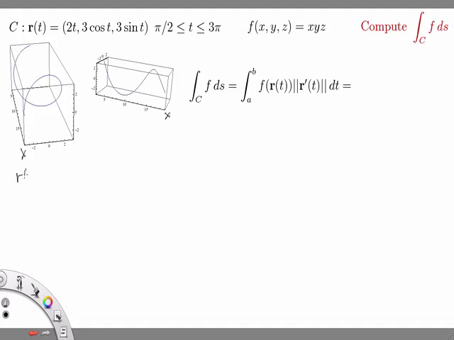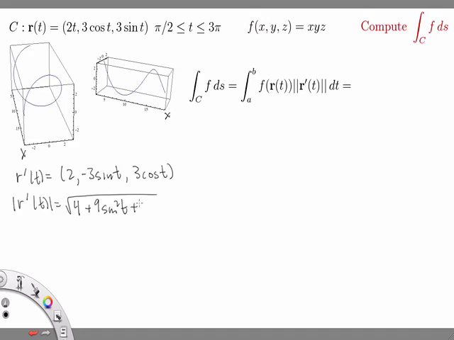So we want r prime of t, which is 2, minus 3 sine t, 3 cosine t. And so the magnitude of r prime of t is the square root of 2 squared, which is 4, plus 9 sine squared t plus 9 cosine squared t.